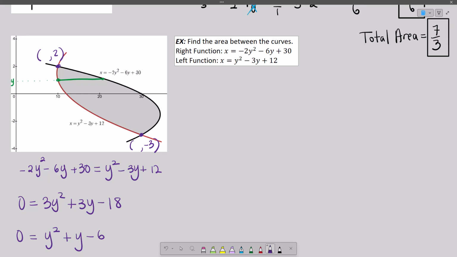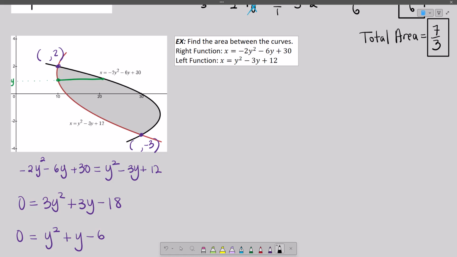Remember when you're doing that right minus left, you're going to have a minus sign that gets distributed across that second polynomial. Right minus left. Black minus red. When you subtract off red, you're going to have to distribute a minus sign. You keep writing.